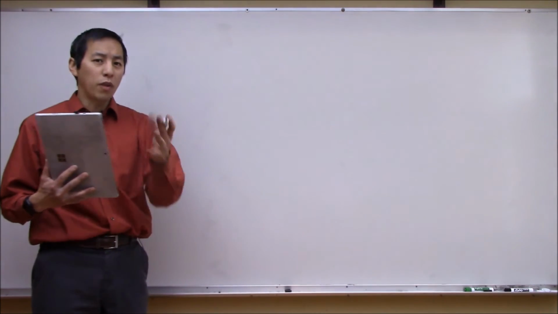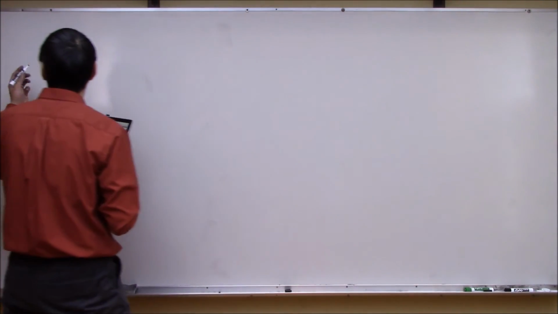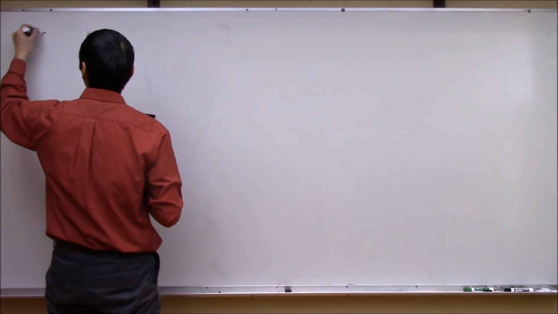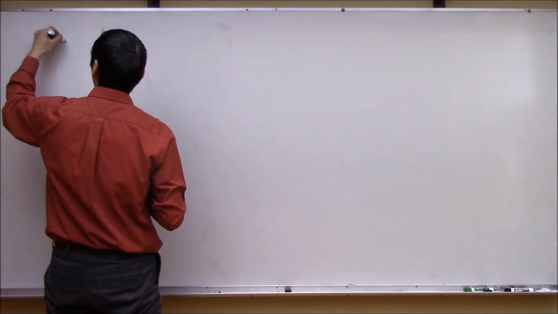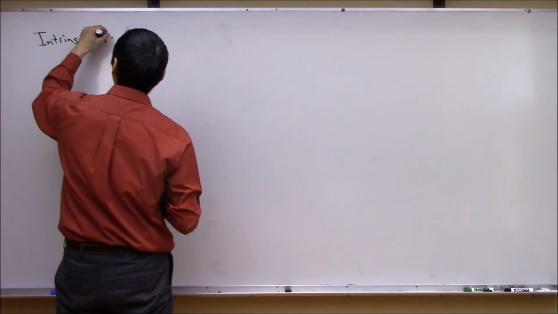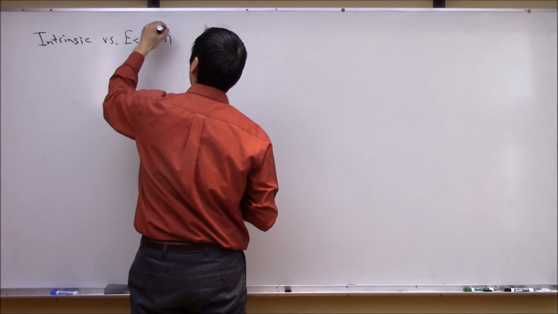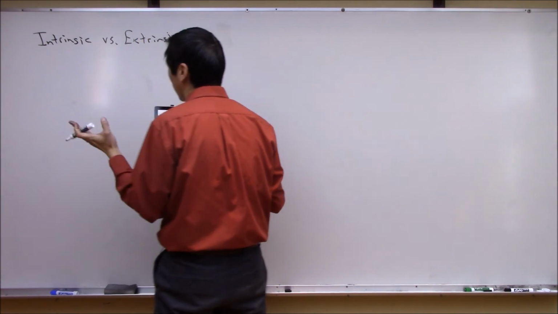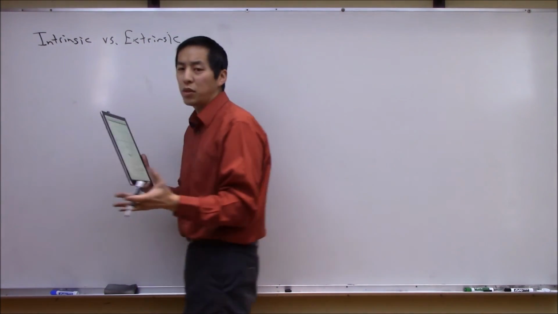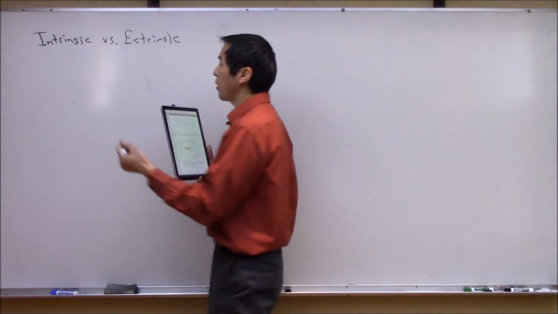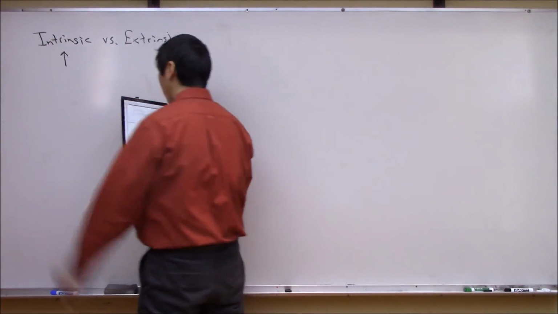Okay, and maybe one final remark before we leave our discussion on Euler angles. Sometimes you may hear intrinsic versus extrinsic Euler angles. In our sequence here, these are sometimes referred to as intrinsic Euler angles.